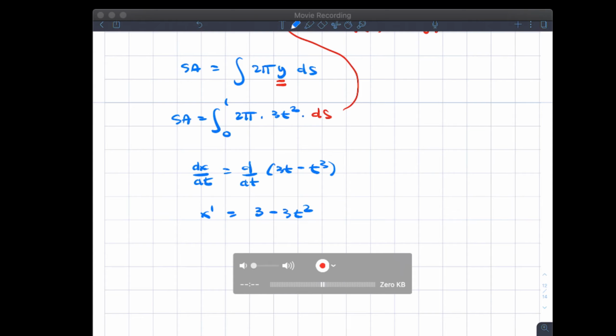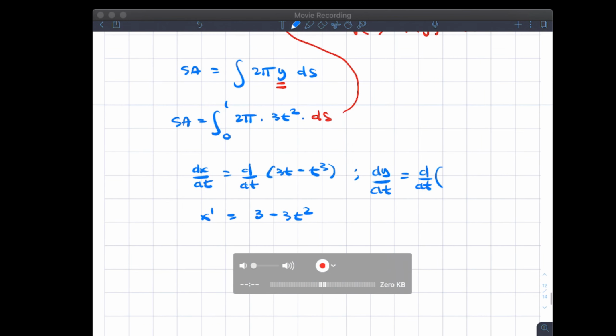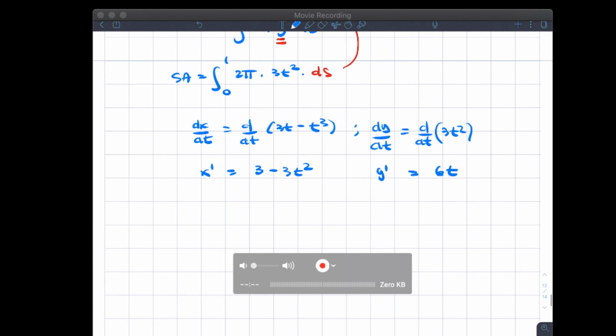So this is that x prime. dy dt is d dt of, what's the y value? 3t squared. And this is going to give us 6t. So this is the y prime. Square these and add, right? So you can start to do that.